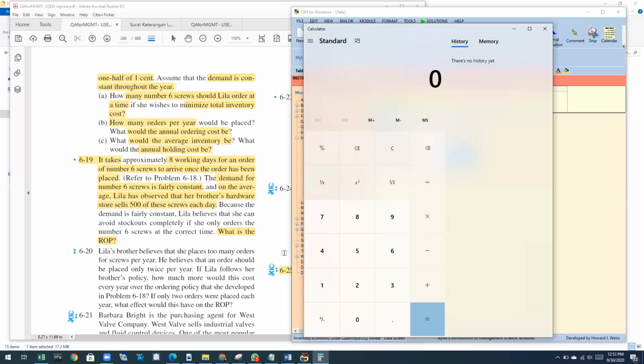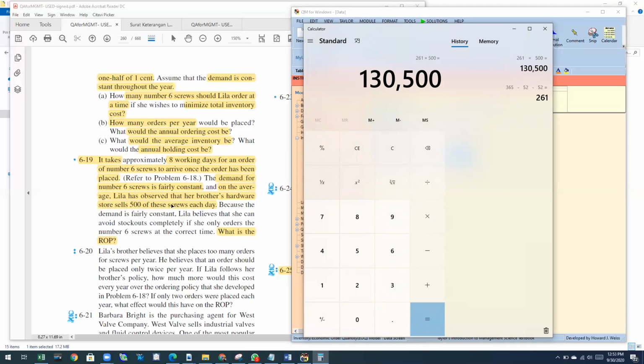There are 52 weeks. So 365 days minus 52 Saturdays minus 52 Sundays, we have 261 working days. We multiply this by 500 in total, and still get 130,000.